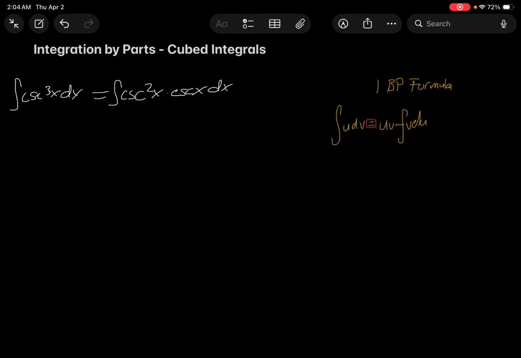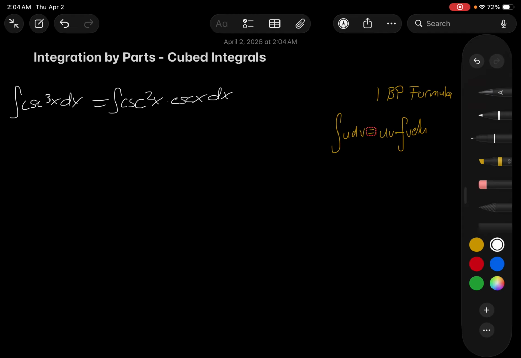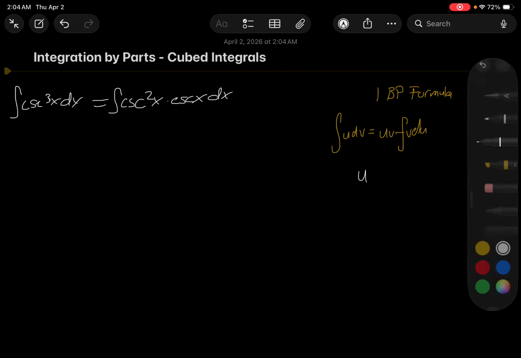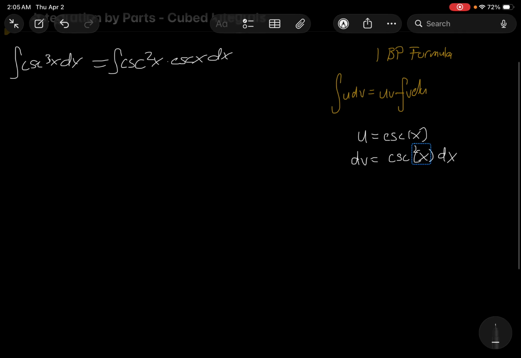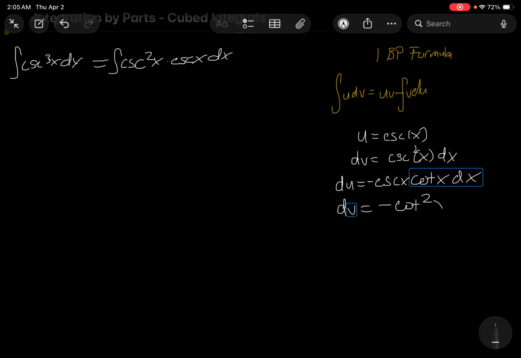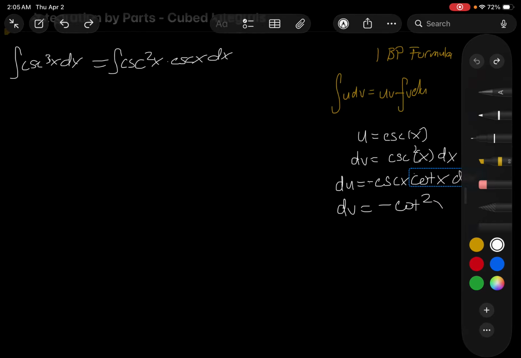Cosecant of x is easily derivable in this situation, so our u is going to be cosecant of x, and then dv is going to be whatever's left over, so it's going to be cosecant squared of x dx. u can be derivable, so du is going to be negative cosecant of x cotangent of x dx, and v is going to be negative cotangent of x, not squared.